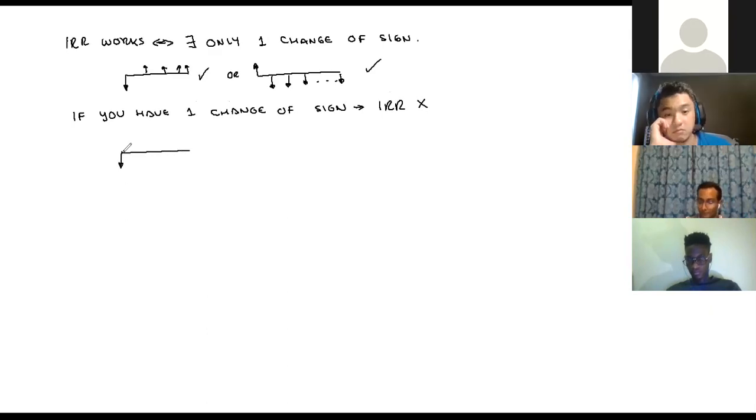Imagine you invest once, then you start getting money, and then you want to grow your business again, so you invest another time here, and you continue doing this, etc. In this case, you have one change, you have two changes. You see? The internal rate of return is most likely going to give you wrong results.